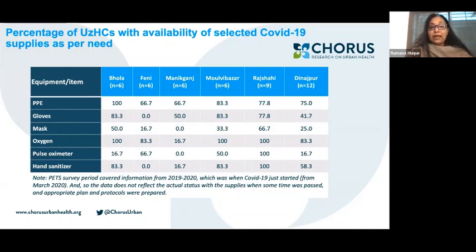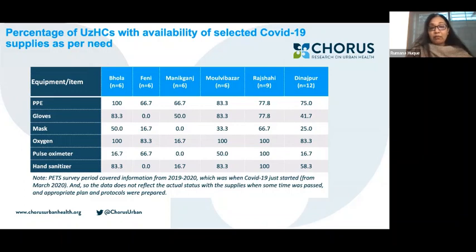Like Bhola had 6 sub-district hospitals, whereas Dinajpur had 12.